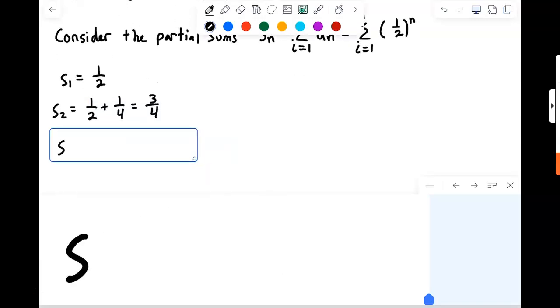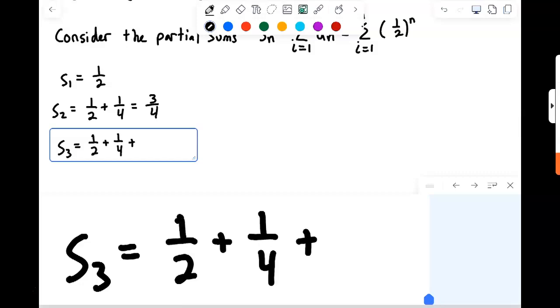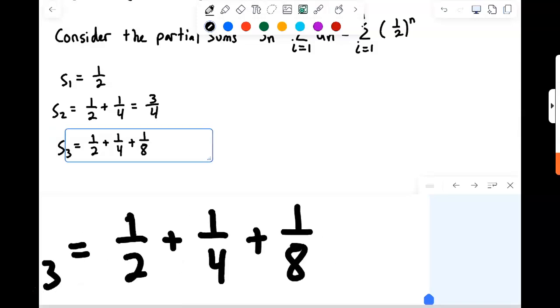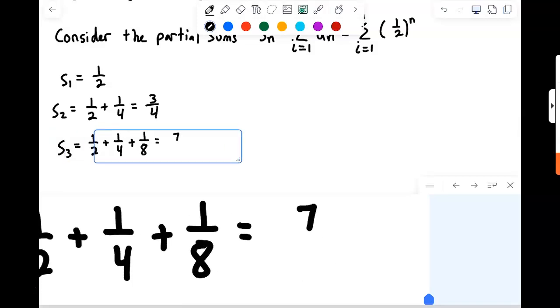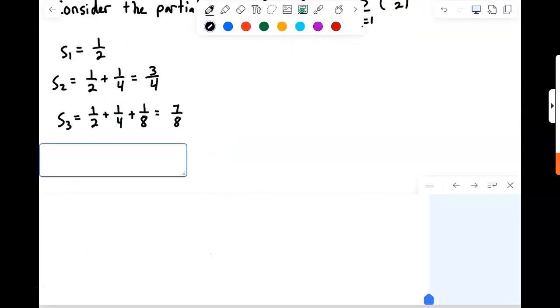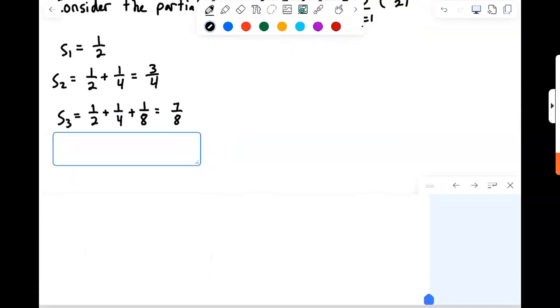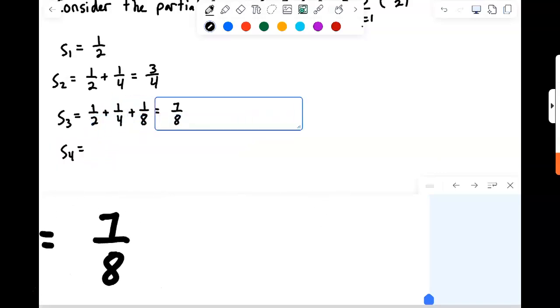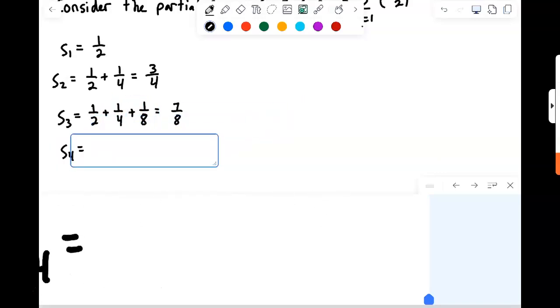And then S3 would be 1/2 plus 1/4 plus 1/8, which is 7/8. And then finally S4 would be 7/8 plus 1/16, which is 15/16.